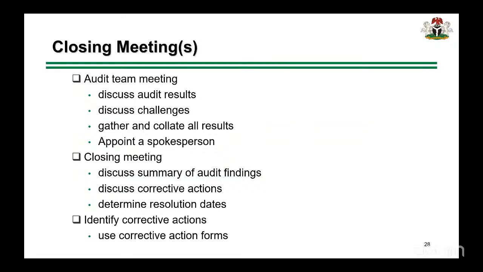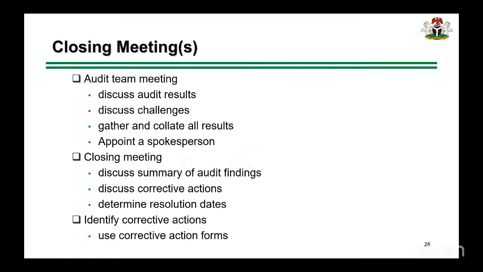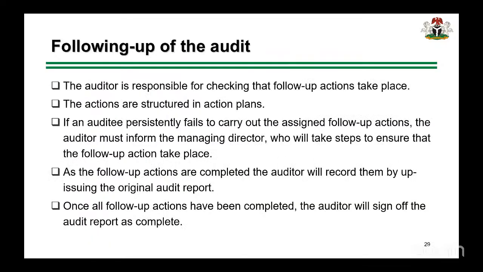Discuss the corrective action and determine the resolution dates, one month, two months. All this should be captured in the policies. Identify the corrective action if possible. This should form part of the closing meeting. That is important for us to follow up on all the audits.